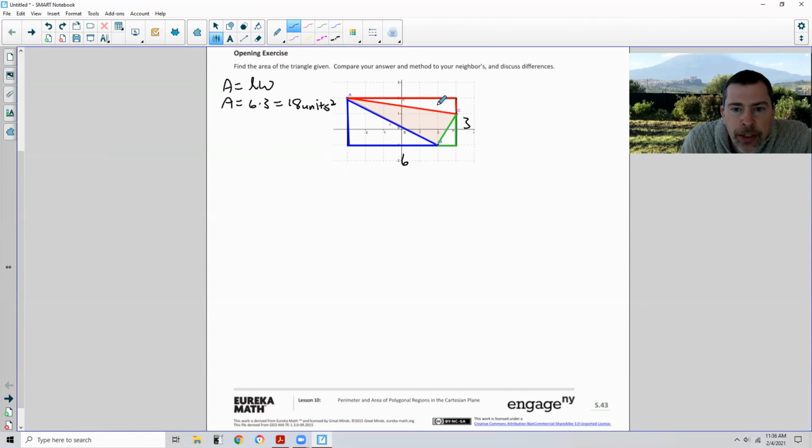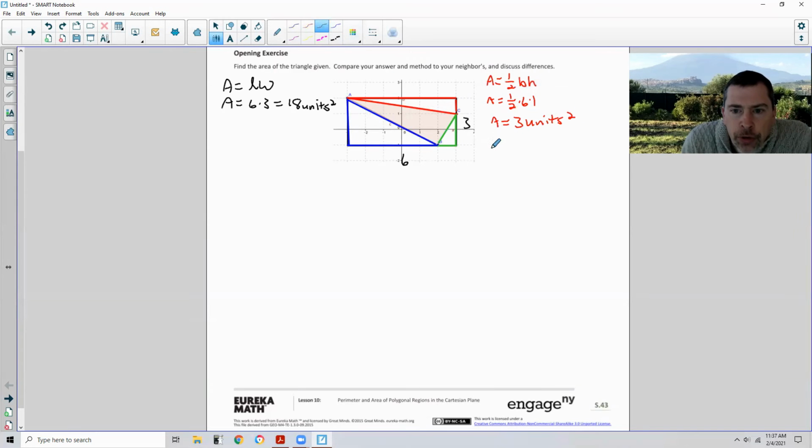I want to subtract the red triangle area, and I'll do those over here. So the area of the red triangle is 1/2 base times height. The base is 1, 2, 3, 4, 5, 6, the whole distance, which is 6, times the height, which is 1 unit. And so the area is 1/2 times 6 times 1, which is 3 units squared.